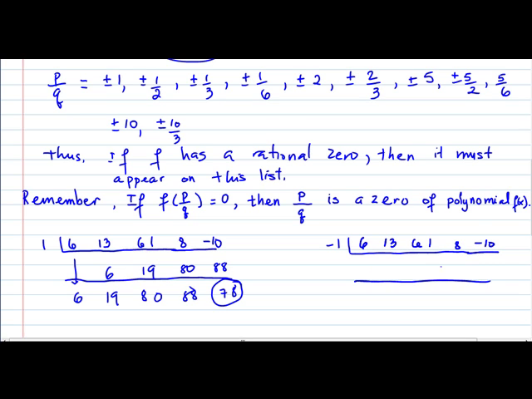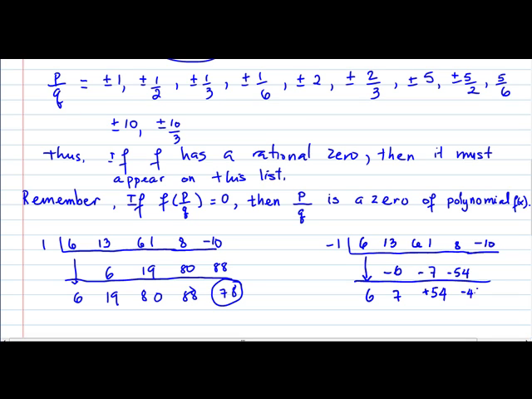I bring the 6 down. -1 times 6 is -6. 13 plus -6 is 7. -1 times 7 is -7. 61 plus -7 is 54. -1 times 54 is -54.